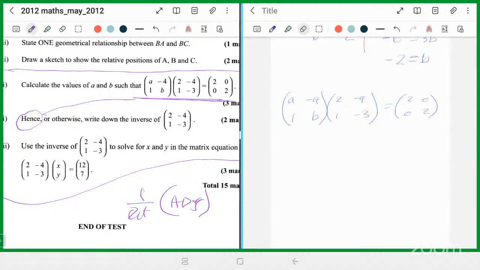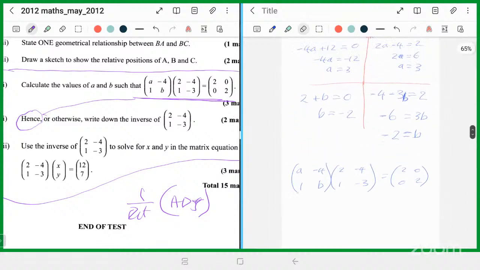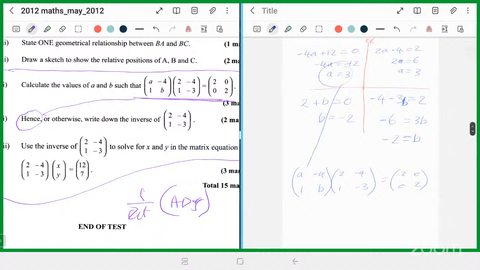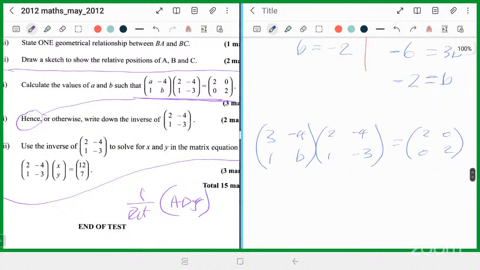Now we work toward the A. The A is this 3. So I'll take the 3 and put it right here for the A. So let's change this to a 3. And then this B is negative 2. I'm going to change this now to a negative 2.